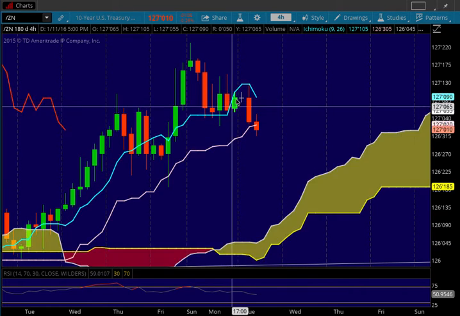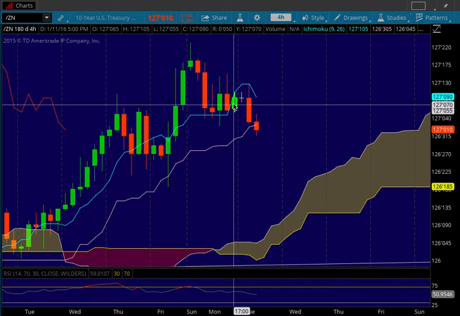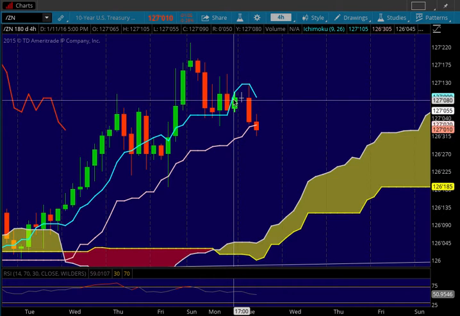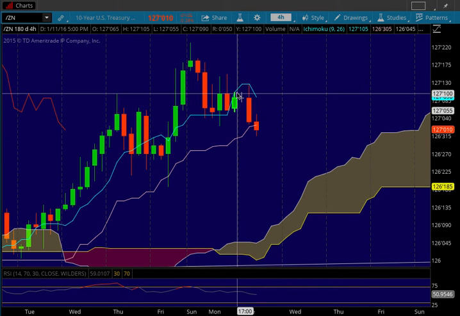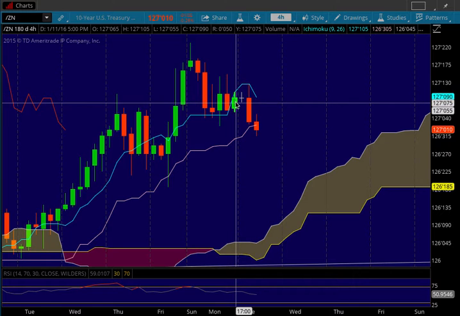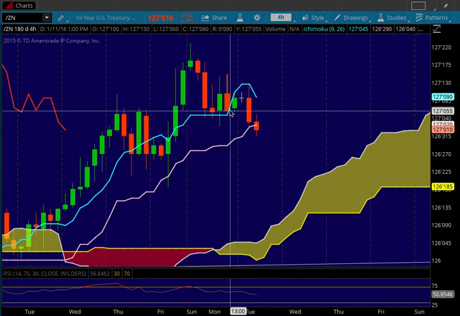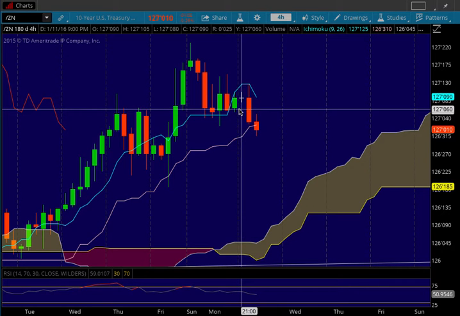And then this new 4 hour candle opened inside the Tenkan-sen. And when I saw that happen, I figured that there was a good chance that the short trade might actually be possible. It's been very difficult to short any treasuries lately on anything longer than a 5 or 15 minute time frame.